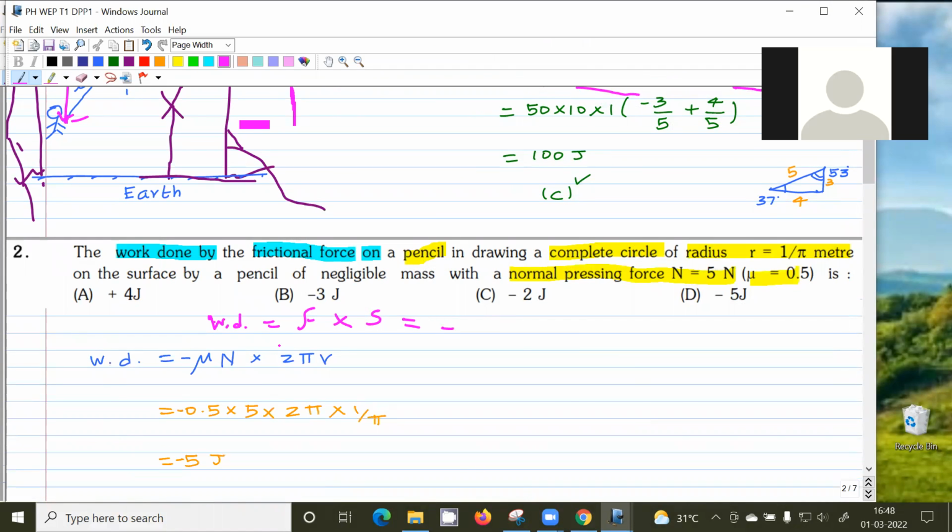See, it's a normal reaction. Why negligible mass? Just a minute.